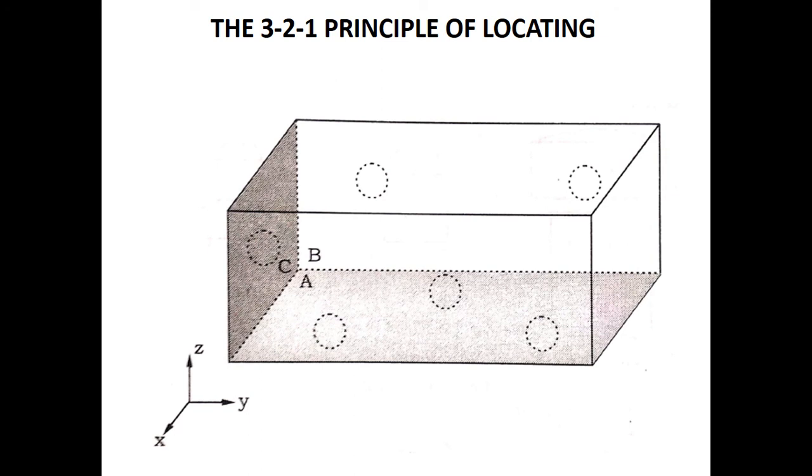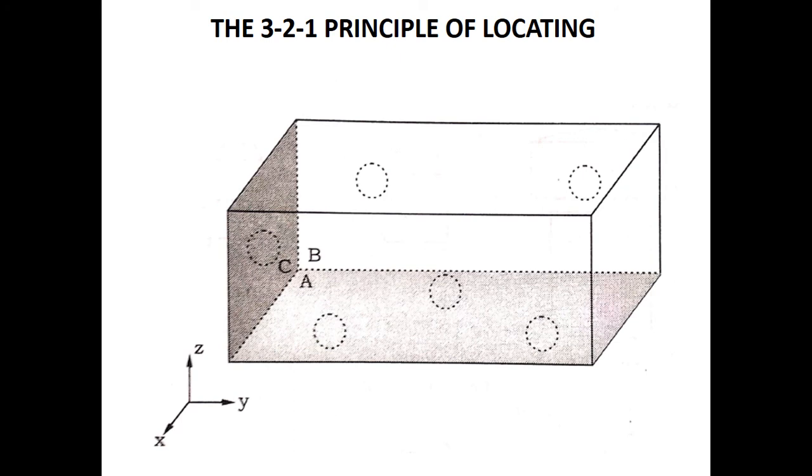Now I'm going to provide 2 additional supports or locators on a plane perpendicular to the primary surface, which is marked here as B. When you provide 2 additional supports here, 3 more degrees of freedom are arrested.